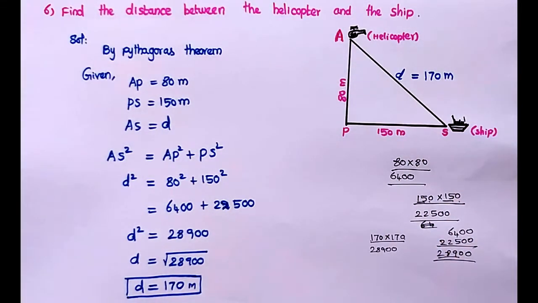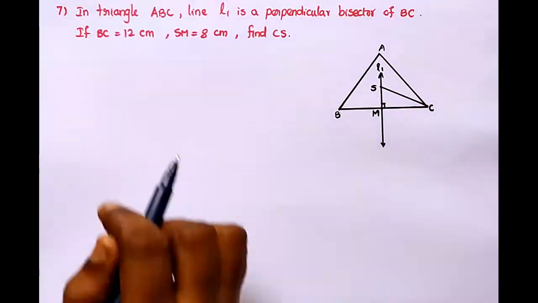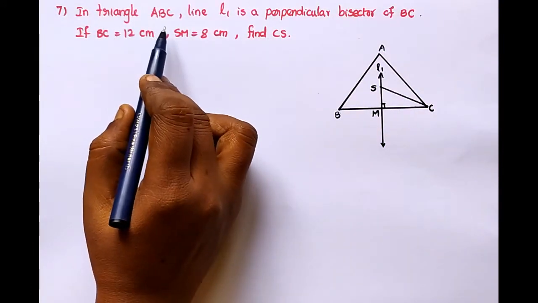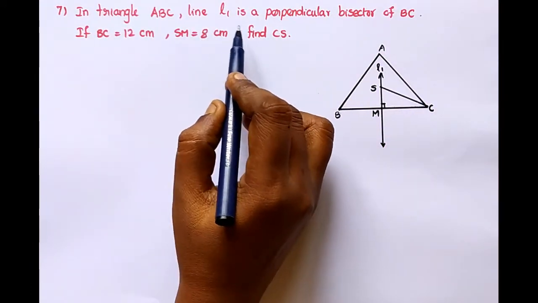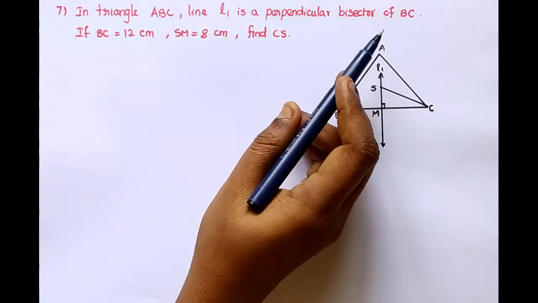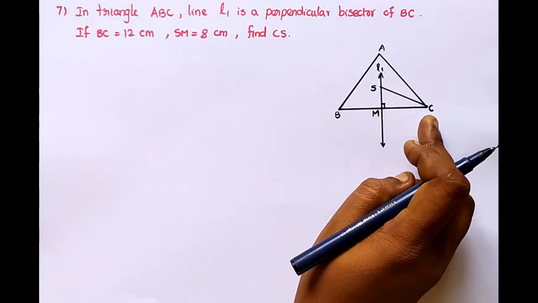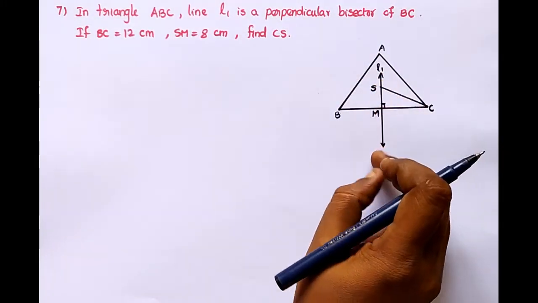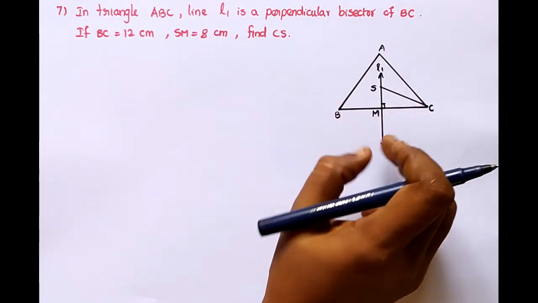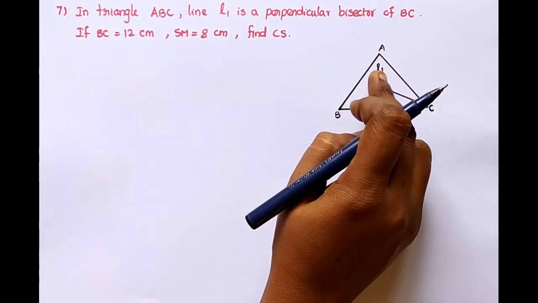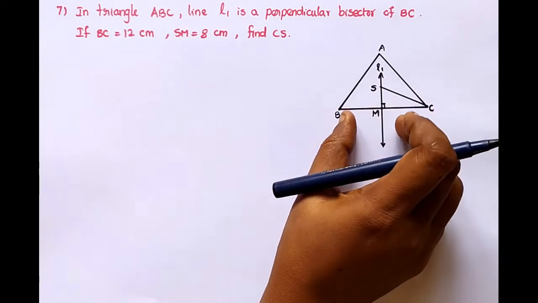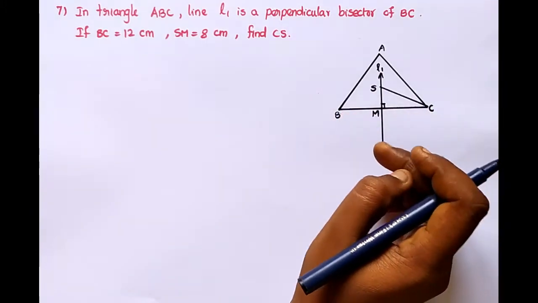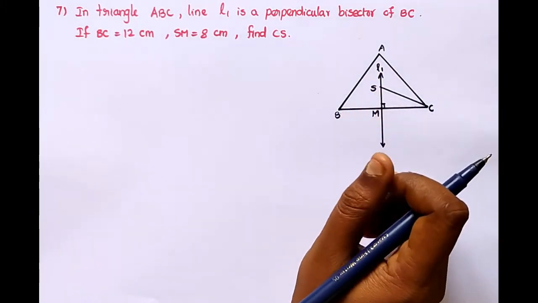That is the answer. Seventh sum, in triangle ABC, line l1 is a perpendicular bisector of BC. Listen, line l1 is perpendicular bisector of BC. This line L1 bisects BC into two parts, so it is a perpendicular bisector.